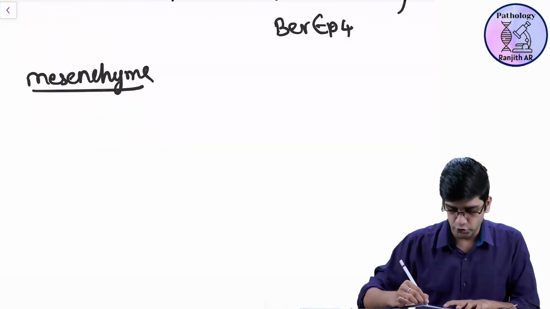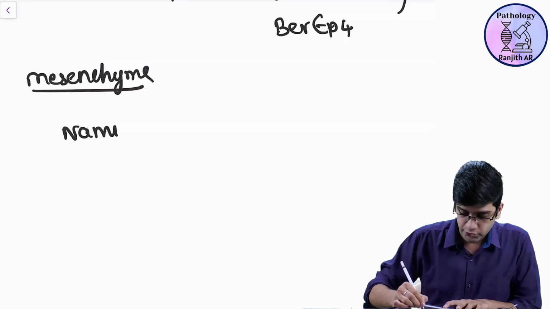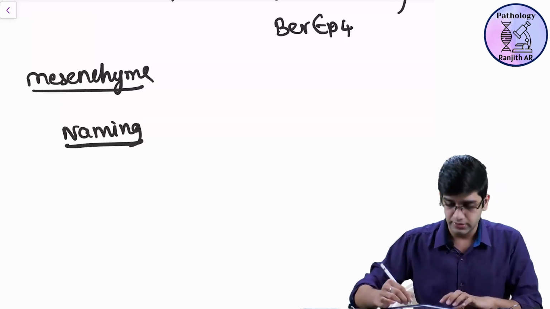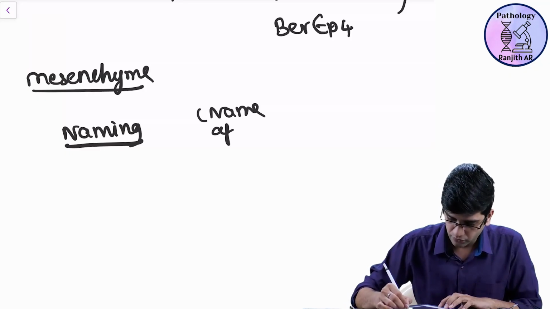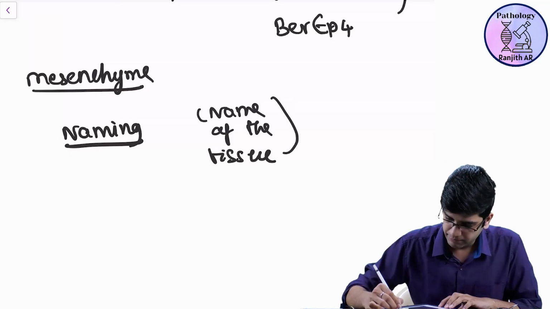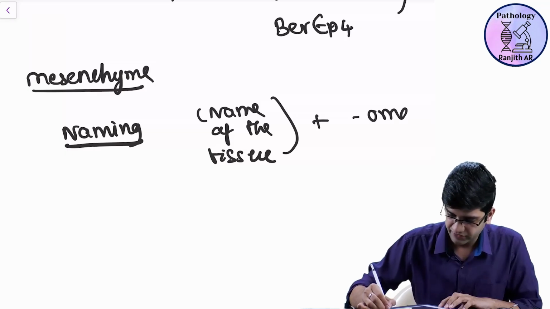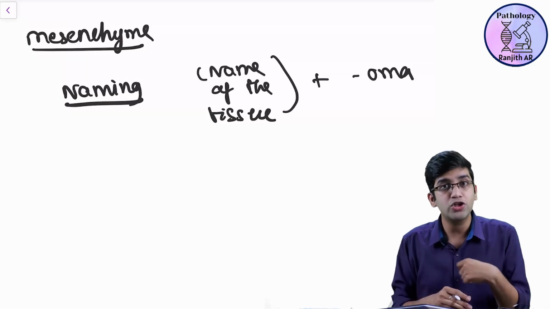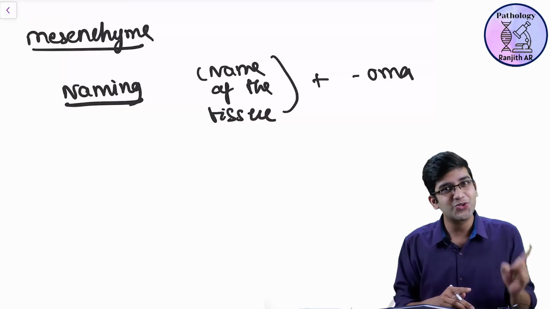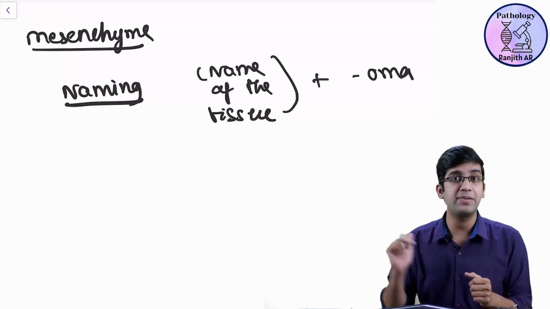So what I do for mesenchymal tumor, the naming for mesenchymal tumor in general is the name of the organ or name of the tissue of origin plus the OMA suffix. But for epithelium, I don't use that. Papilloma, I don't call it squamosoma, right? I call it squamous cell papilloma based on appearance.